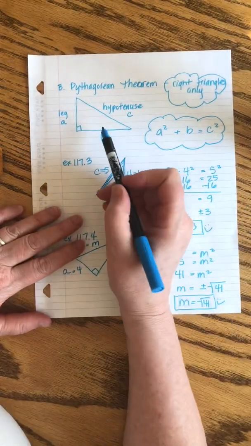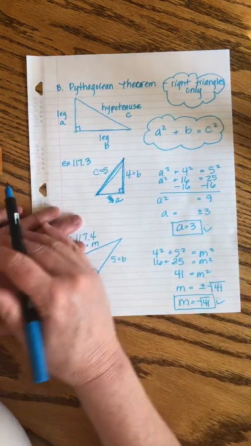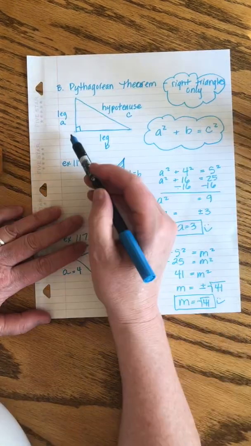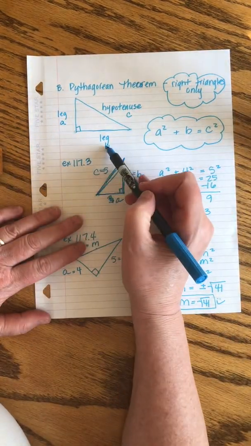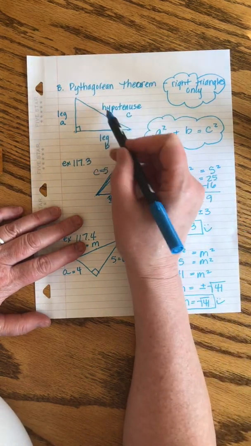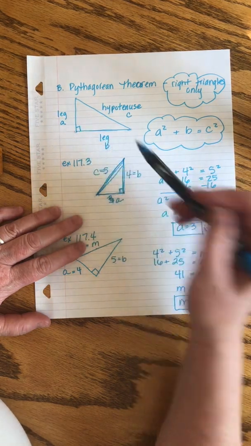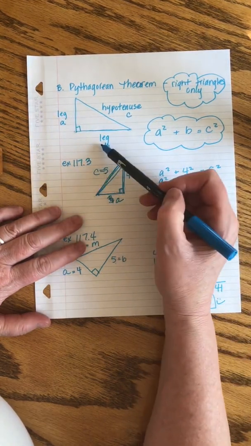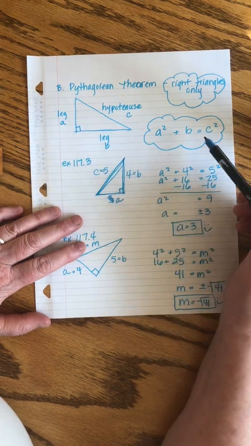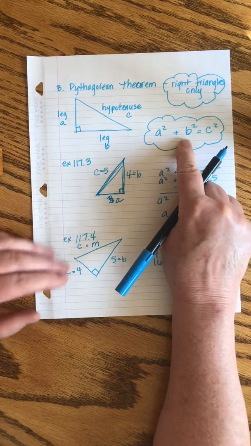I want you to just have the practical details here on the Pythagorean theorem. The legs are the ones that come out of the right angle. They're the A and the B. The hypotenuse, where the Captain Kangaroo cuts with his scissors, that's the C. That one goes on the other side. These get added together. That's why it doesn't matter which is A and which is B, because you add them together. Oh my gosh, I wrote it wrong, you guys.